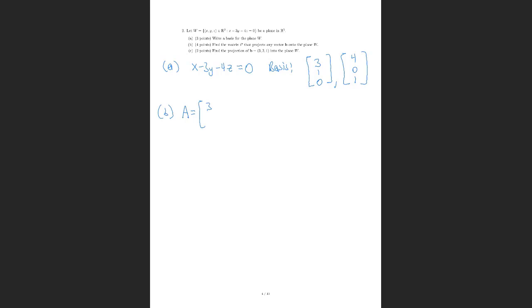I'll call that new matrix A. Then you can calculate the projection matrix by using this formula: A times (A transpose A) inverse times A transpose, okay? All right, let's go ahead and do that computation. Let's start with A transpose A.